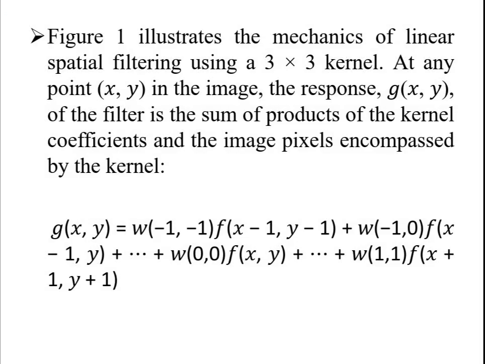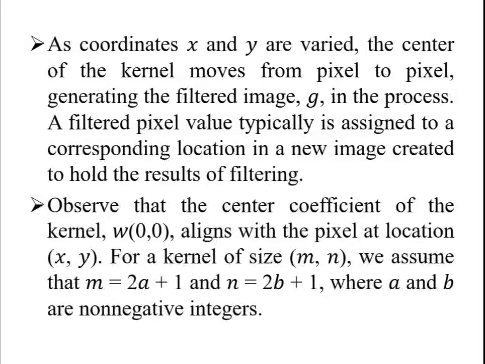It is given by the equation g(x, y) = w(-1,-1) f(x-1, y-1) + w(-1, 0) f(x-1, y) + ... + w(0, 0) f(x, y) + ... + w(1, 1) f(x+1, y+1), where w is nothing but the kernel.